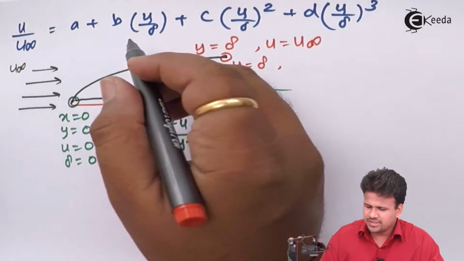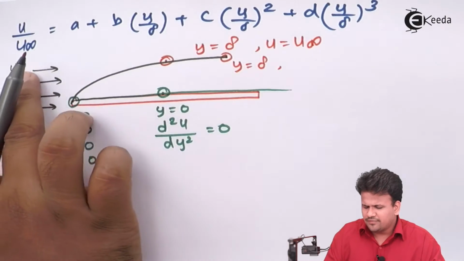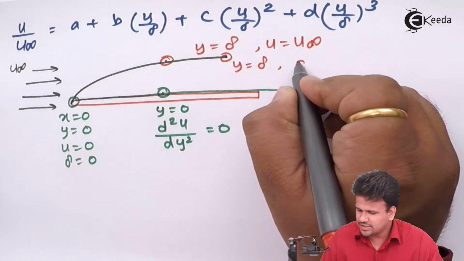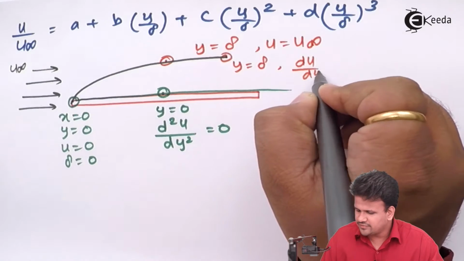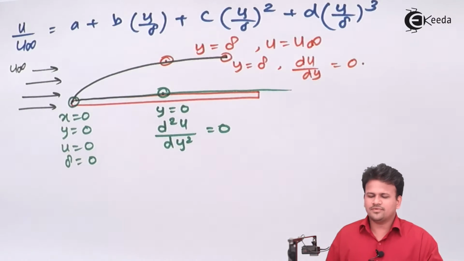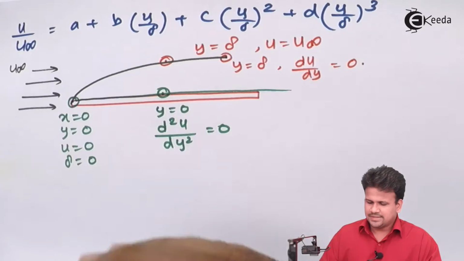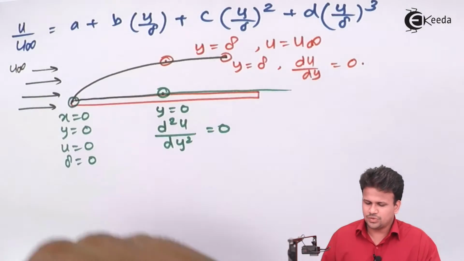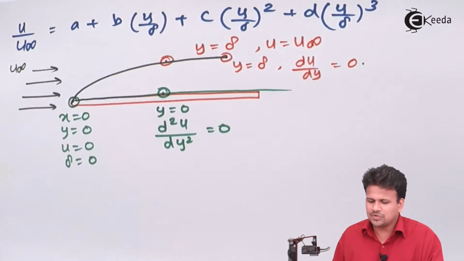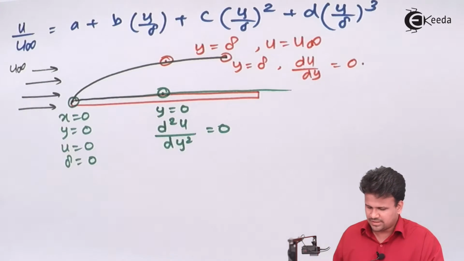Why is there no velocity gradient? Because now the velocity will be equals to the free stream velocity, hence du by dy will be equals to 0. So we have got all the four boundary conditions, two inner boundary conditions and two outer boundary conditions. Let us substitute in this equation and calculate the values of a, b, c and d.